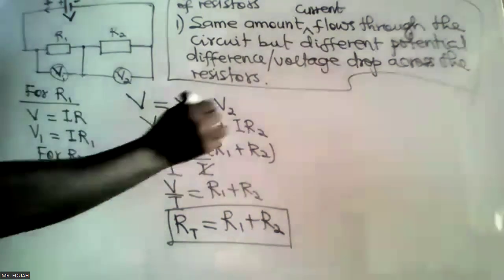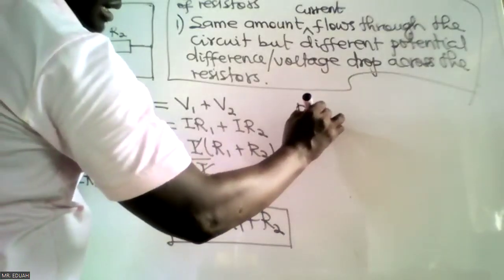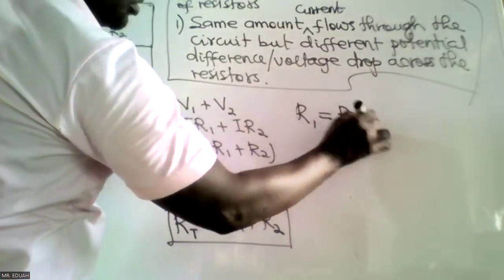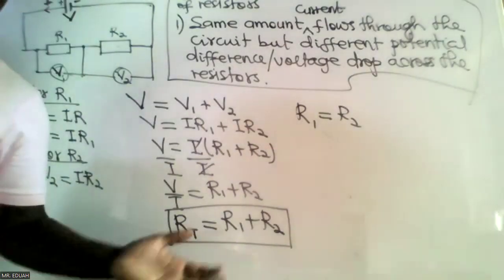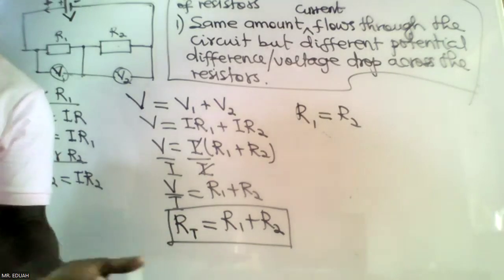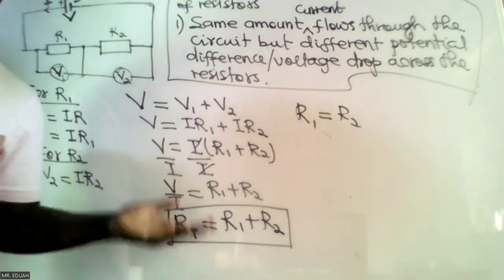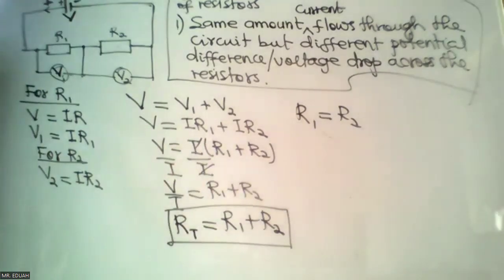Now, supposing R1 is equal to R2, what would be the total resistance here?